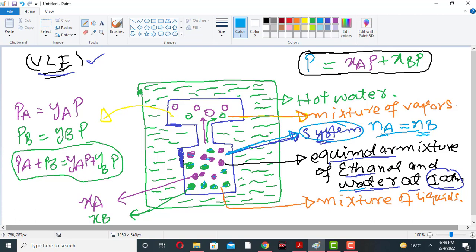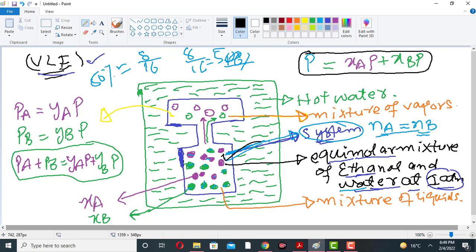So the total number of molecules in the mixture is 16, with 8 molecules of ethanol and 8 molecules of water. So 50% ethanol and 50% water will be present in this mixture. This is called the equimolar mixture of ethanol and water.